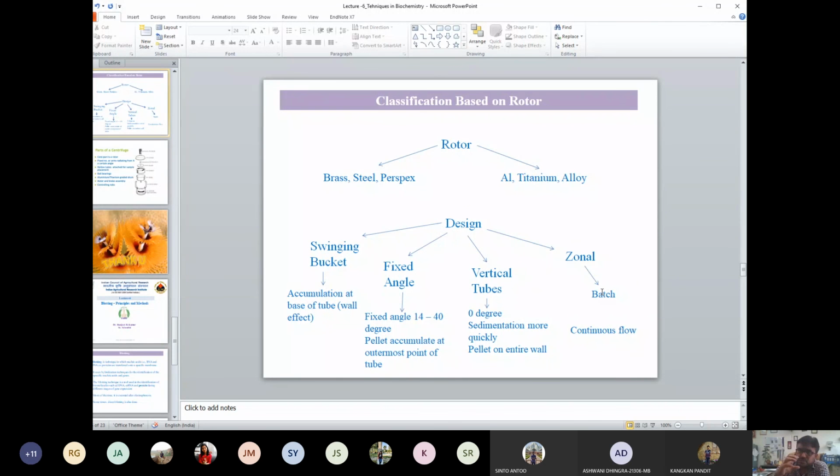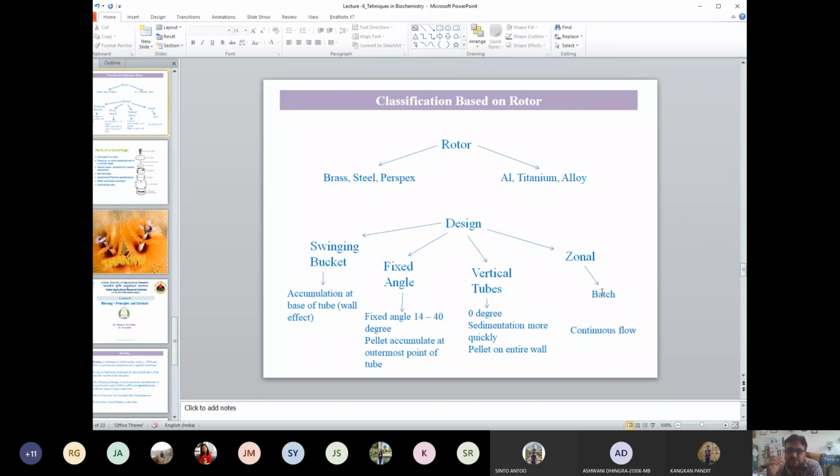Then this rotor has also been classified based on design, into four different types. The first type is the swinging bucket rotor. As I told earlier, there is an arm, and when you centrifuge, because of centrifugal force this arm will open, and it keeps centrifuging at that speed.